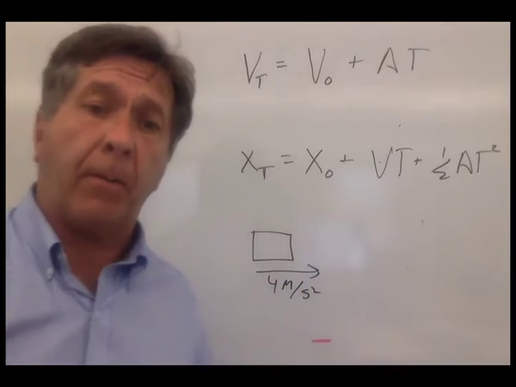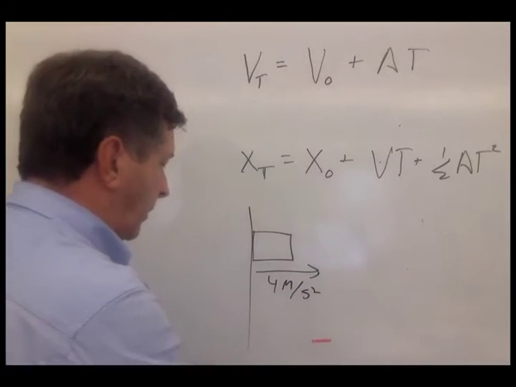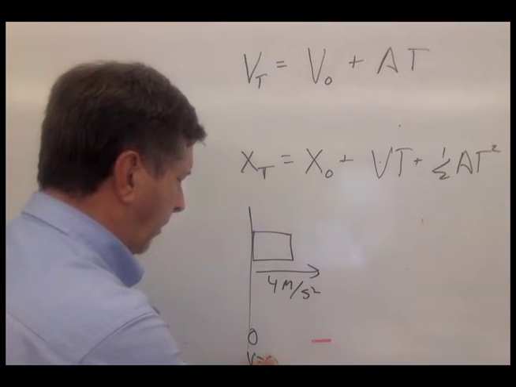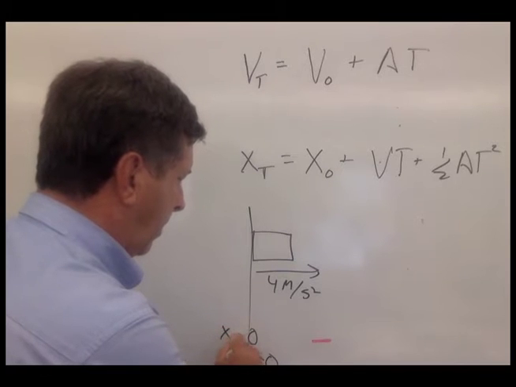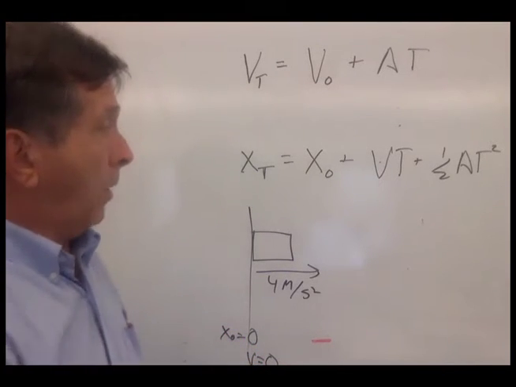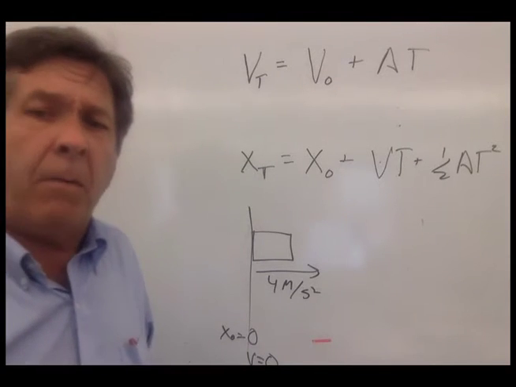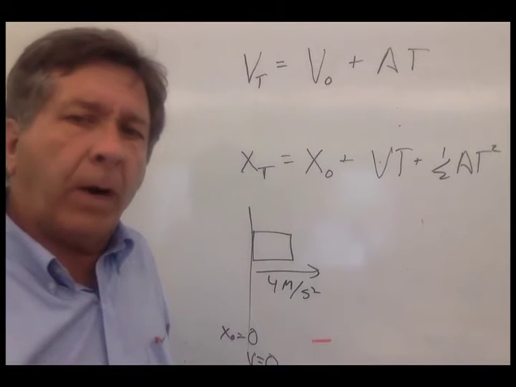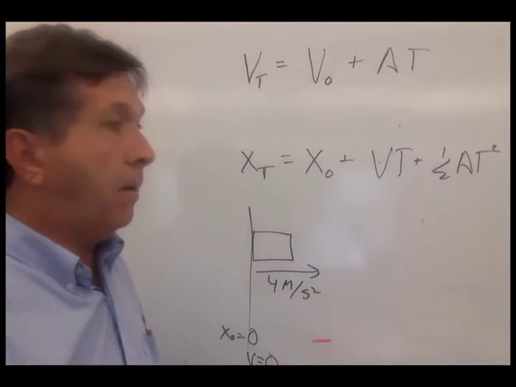It's a drag racer in a race. So he starts at point 0, he starts at the beginning, and his initial velocity is also equal to 0. X is 0, and velocity initial is 0. If this drag racer had a constant acceleration, where would he be in 5 seconds?